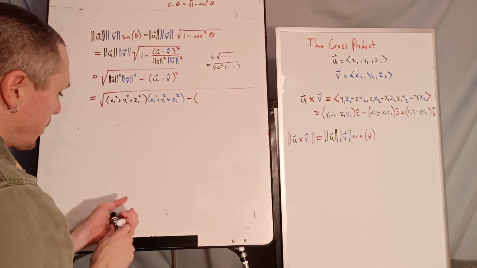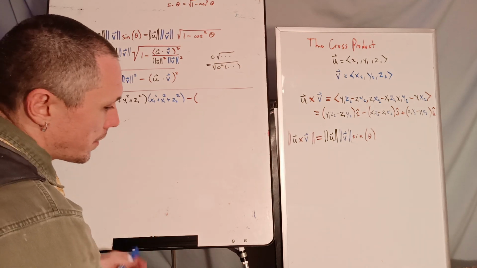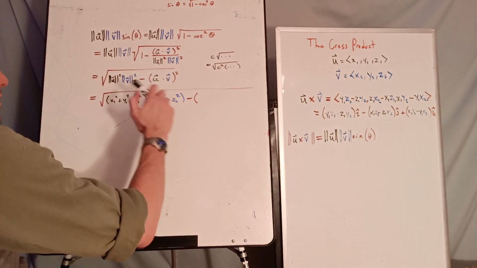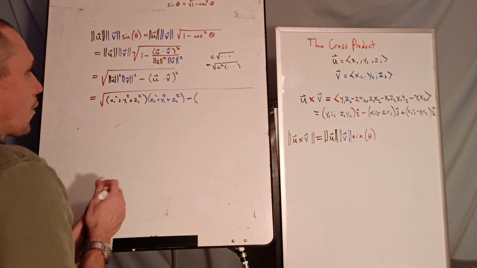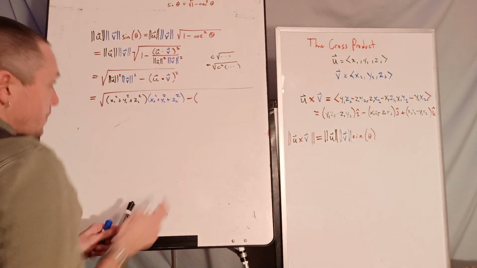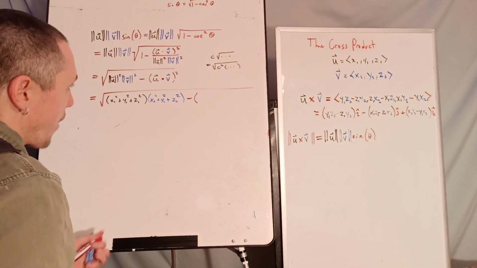and now we're going to take the dot product of these two things, right? So I have a formula for that, of course. That's just going to be the product of their components.